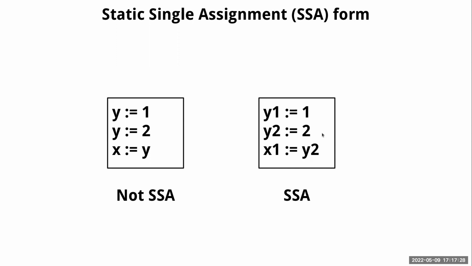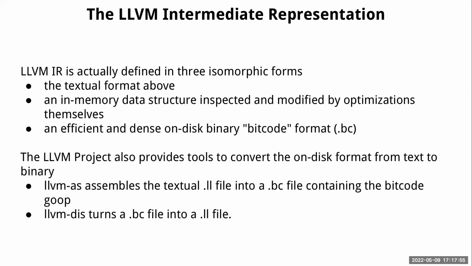Even just by looking at this, we know x1 has nothing to do with y1. But when we look at the original code, it's not that clear that x has nothing to do with the first y assignment. So LLVM will look something like this. Every variable will only be assigned once, and that is called the static single assignment form.